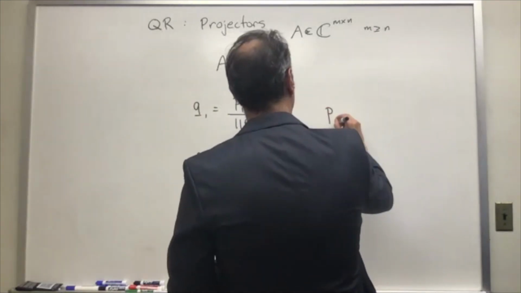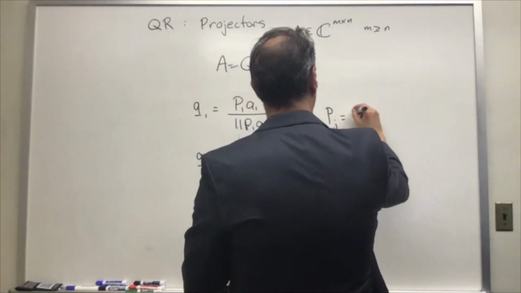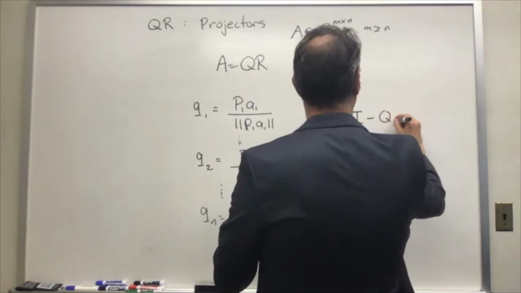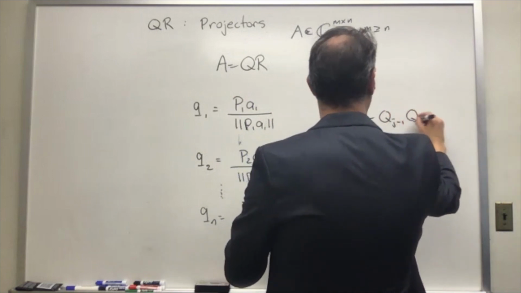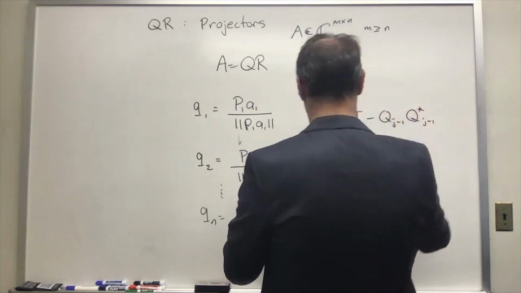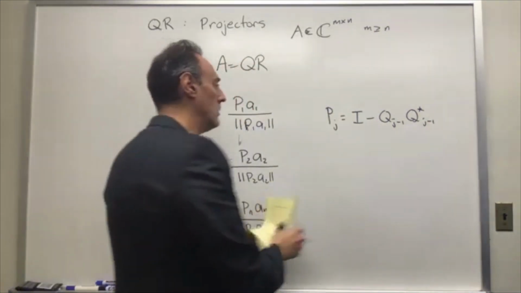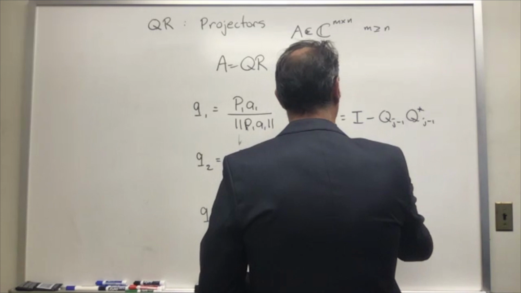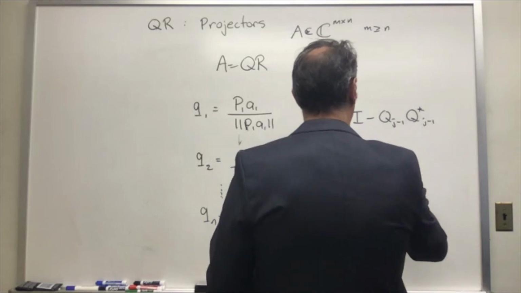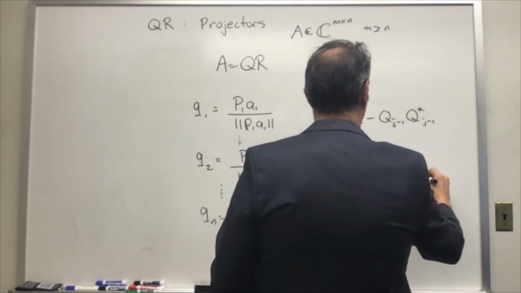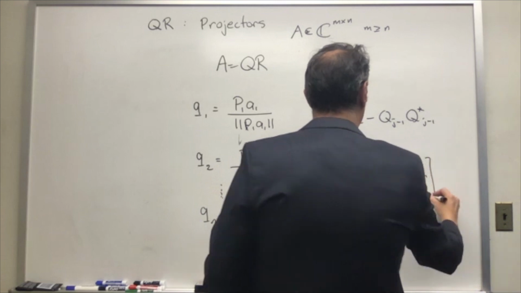So here is the Jth projector, where Q of J minus 1 is equal to Q1 all the way to Q of J minus 1.